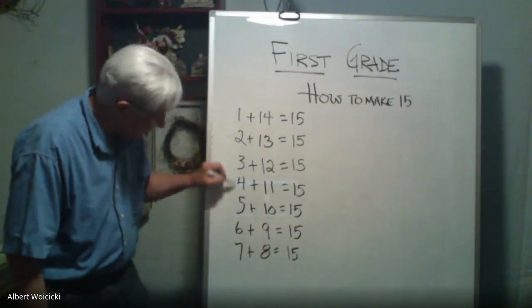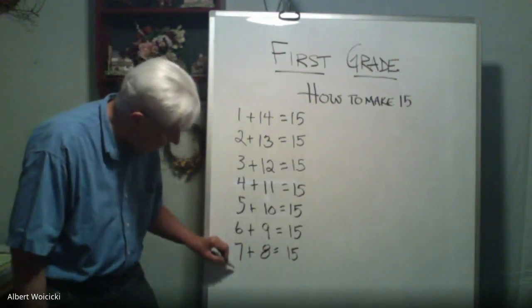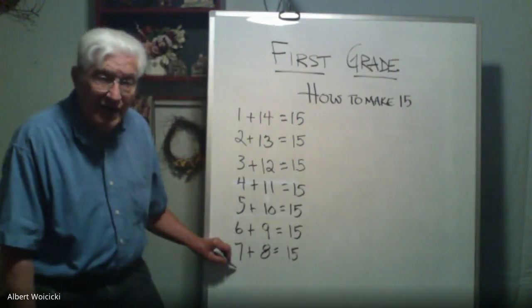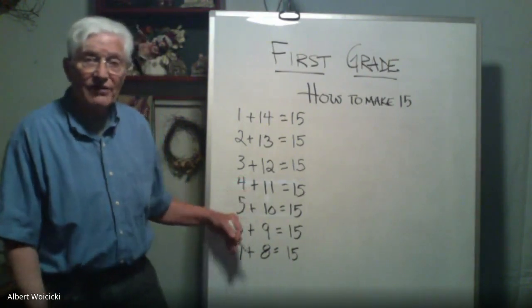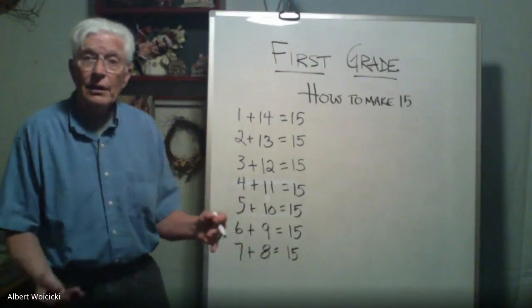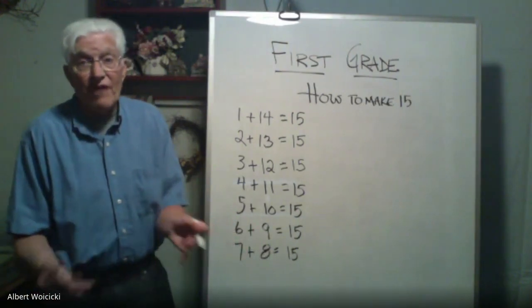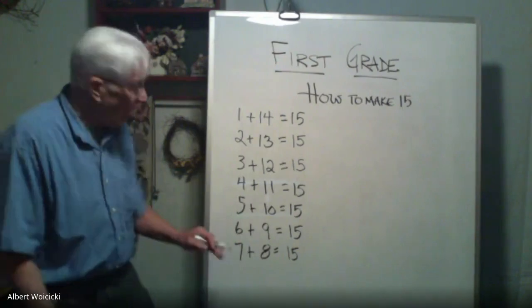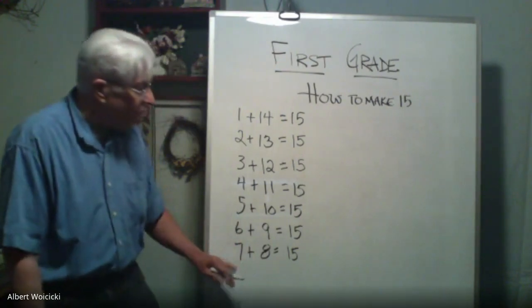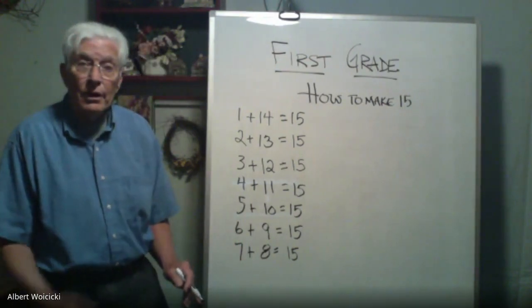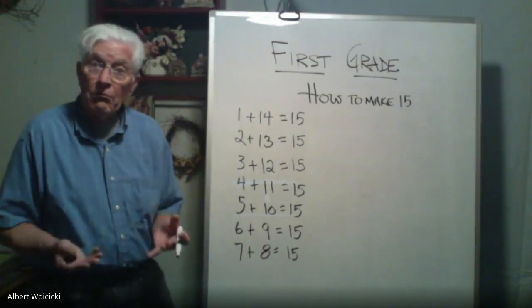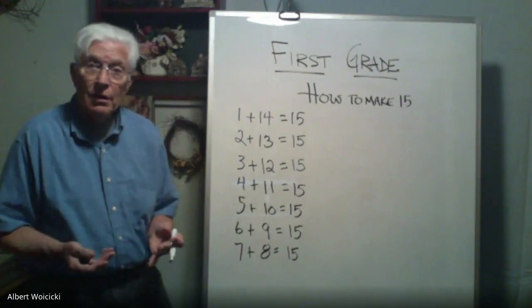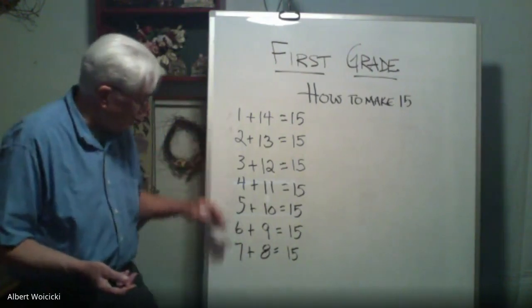Let's look closely at this. If I put an 8 here, I get a 7. Well, that's the same story. 8 and 7, 7 and 8, same story. So I don't need to go any further than this if I have 2 digits. So our idea is done.